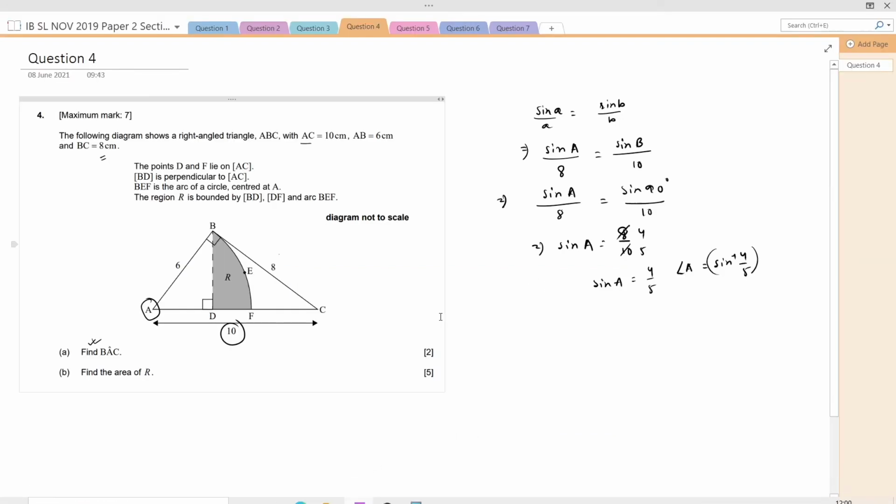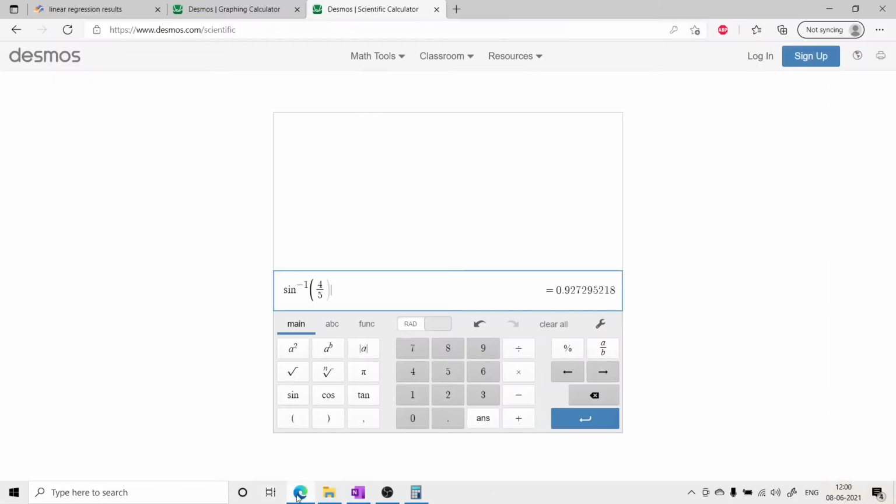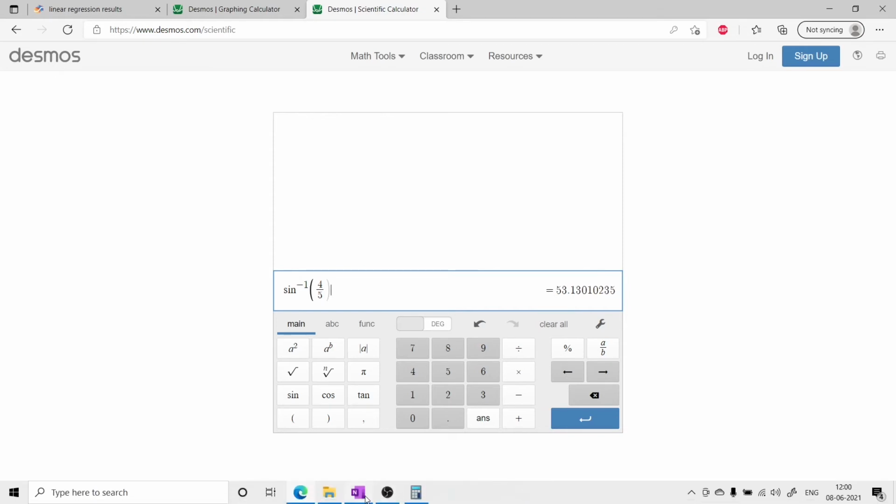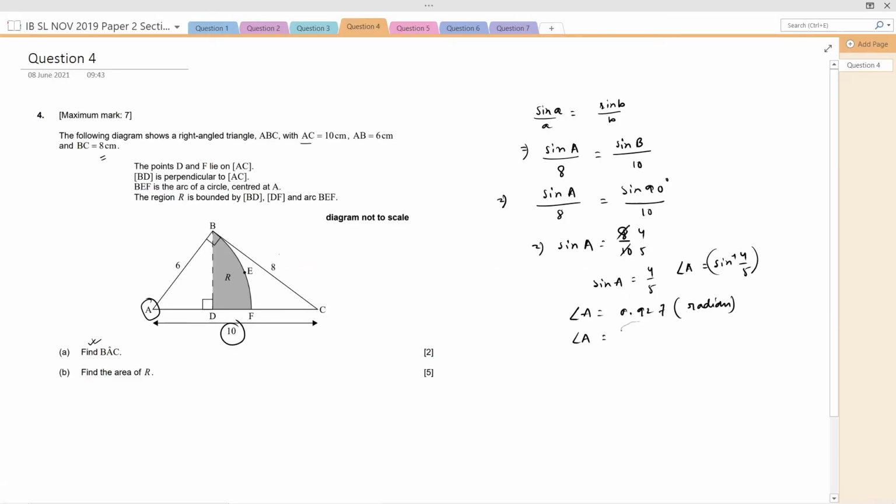So for angle A, I am giving both the values. Angle A equals 0.927, this value is in radian, and angle A equals, now we will find the value in degrees, 53.13 degrees.